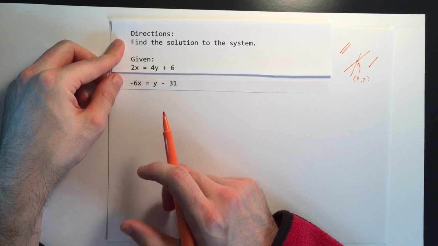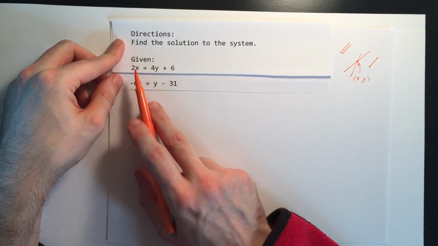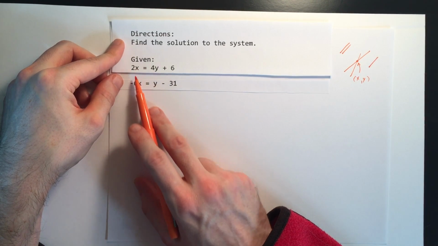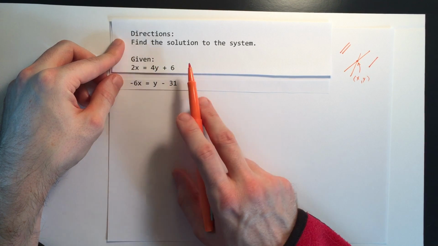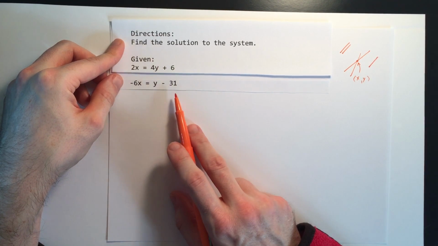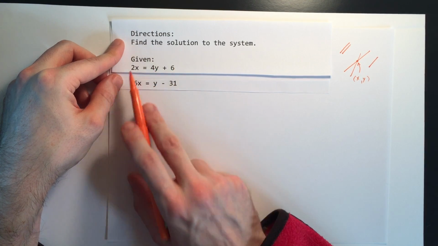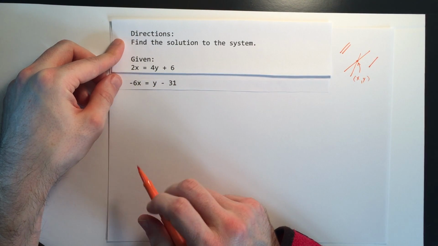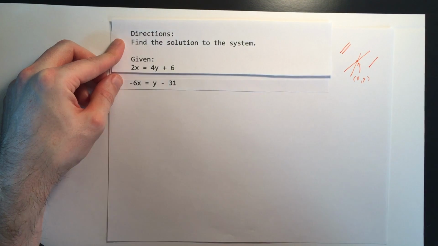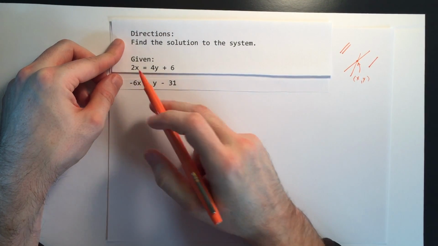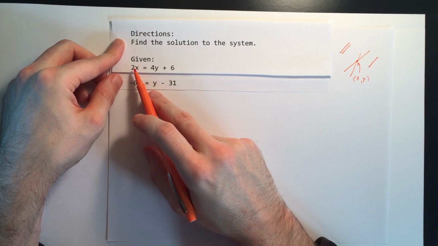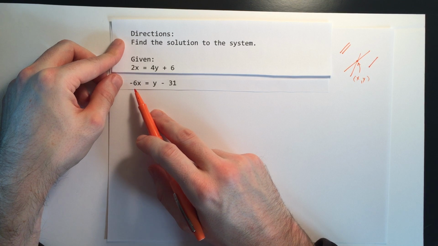Combination, on the other hand, works best when the equal signs are lined up and your x terms and your y terms and your non-variable expressions are lined up with each other, as they are here. So our goal in combination is to add together the like terms, like 2x and negative 6x.